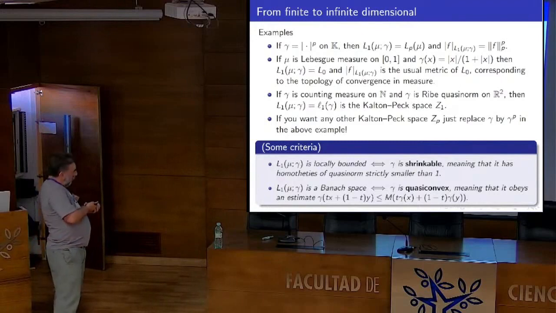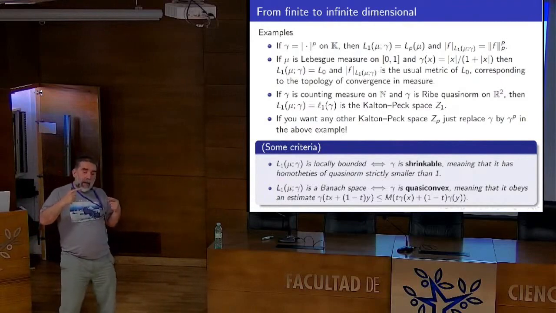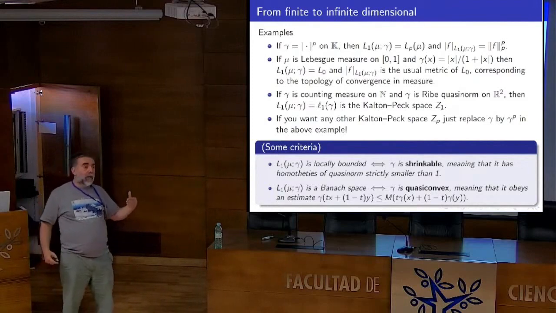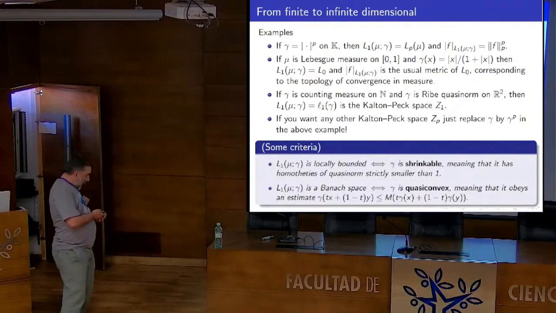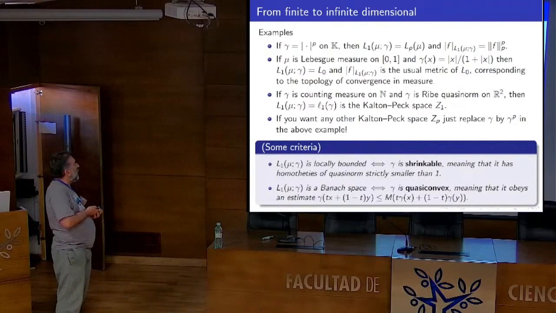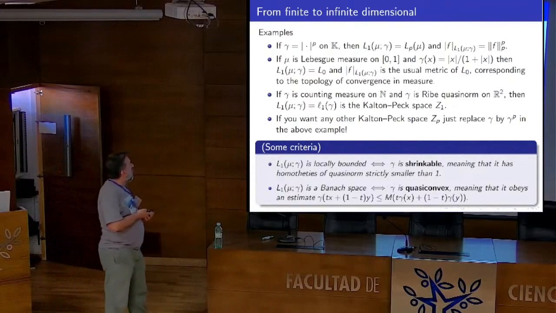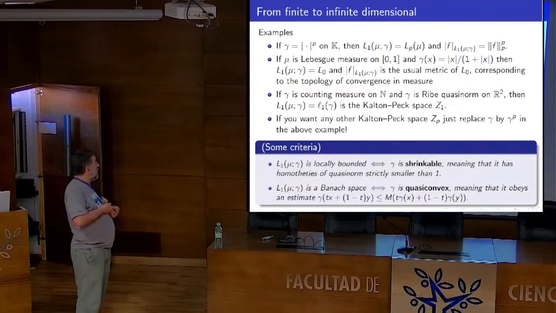Moreover, for instance, if you want to get a Banach space here, I mean a topological vector space with a norm which is locally bounded and locally convex, then you need a quasi-convex quasi-norm at the beginning. Okay, and quasi-convex means that you have the same inequality of convex functions, but with some constant put here. If the constant is one, the quasi-norm is convex.